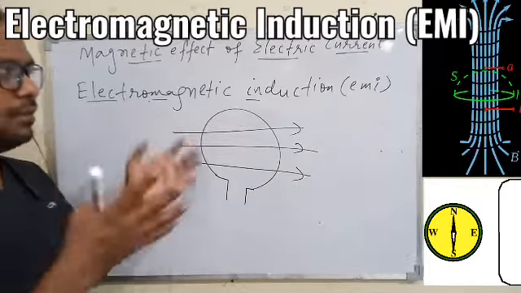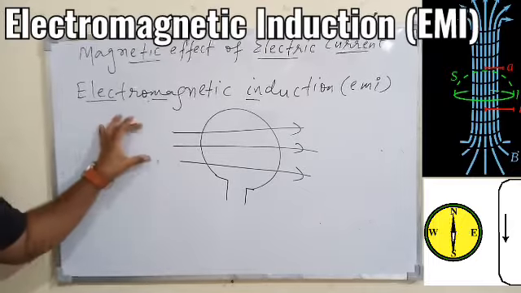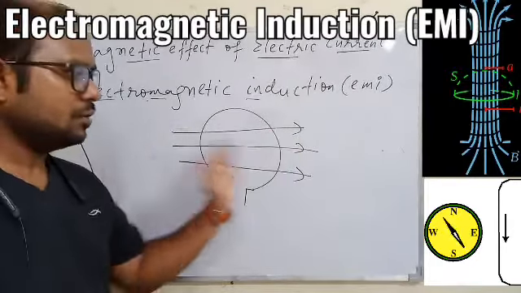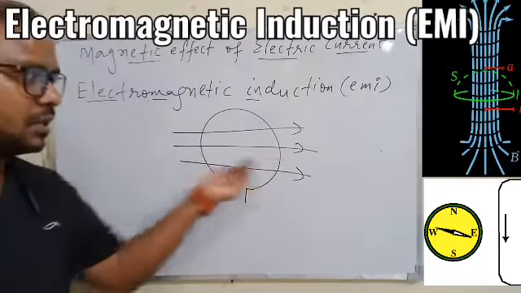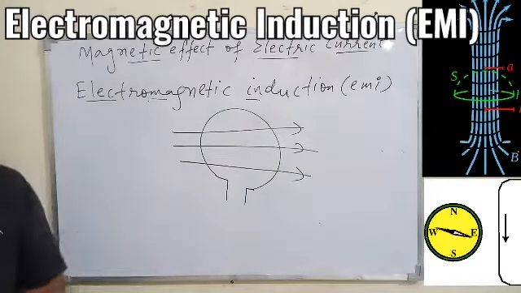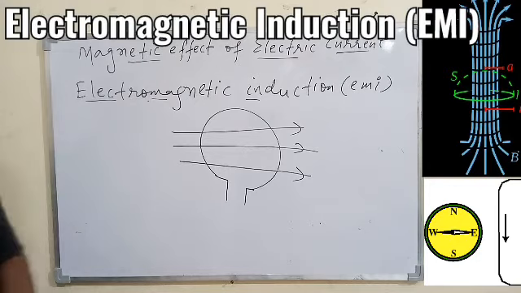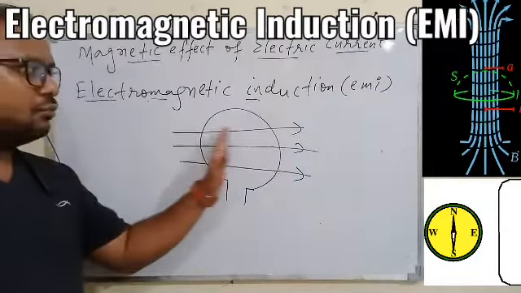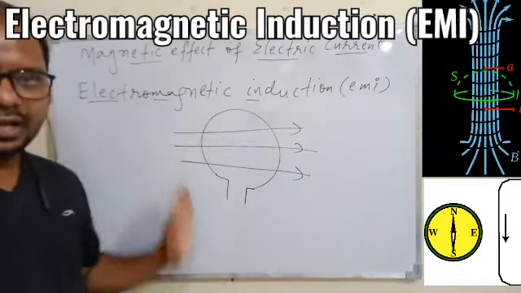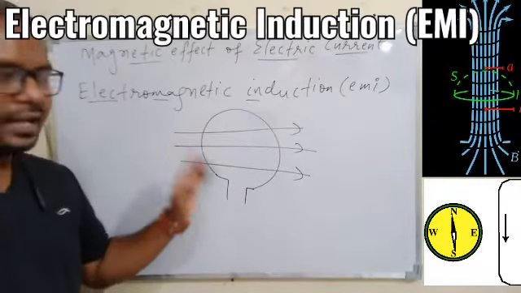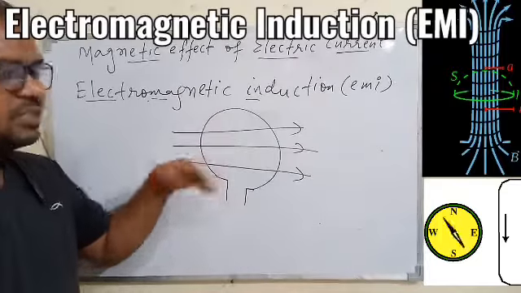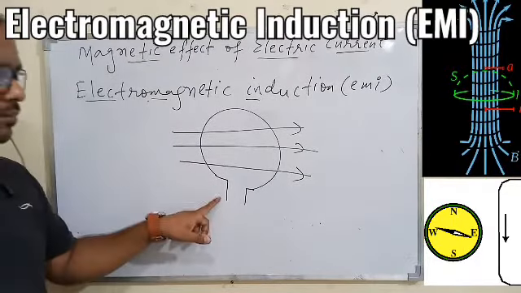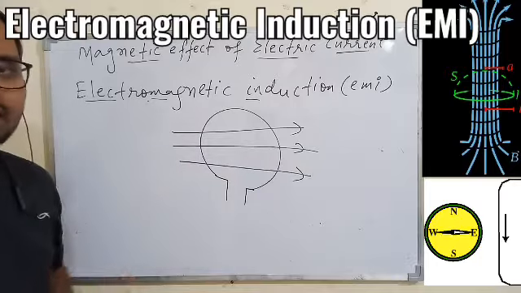The concept says that if magnetic field lines pass through a coil such that with time the magnetic flux through the coil changes, then some current will be induced in the coil.